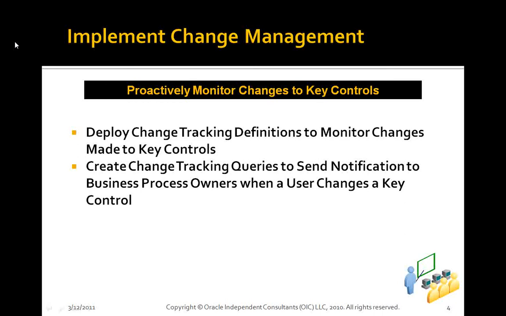You can review and edit these change tracking definitions to track specific configuration parameters such as credit profiles. Similarly, you can use filters to specify the values you wish to track for each configuration parameter.